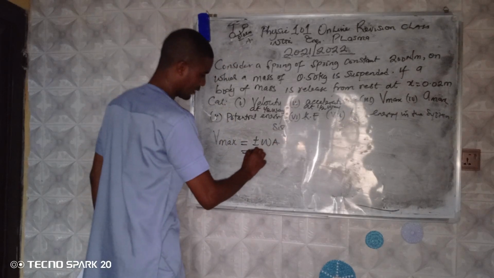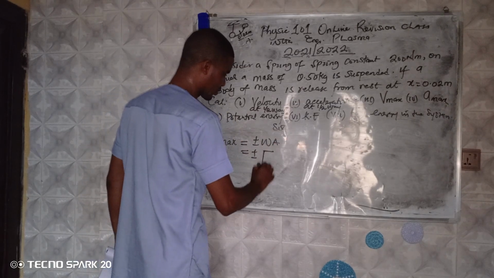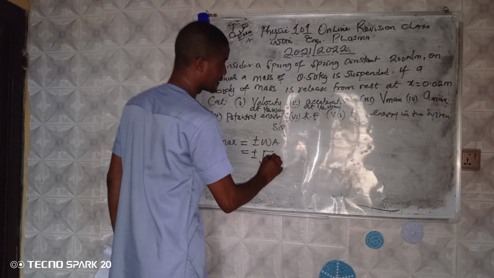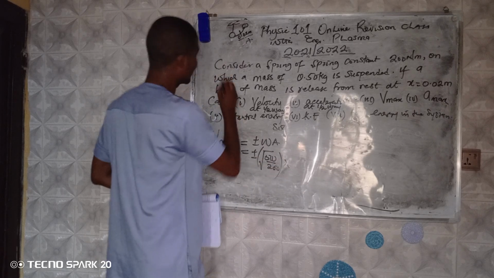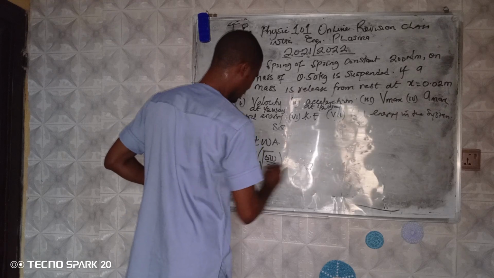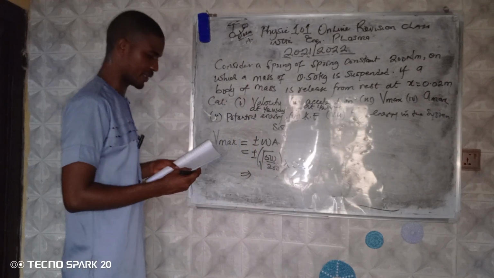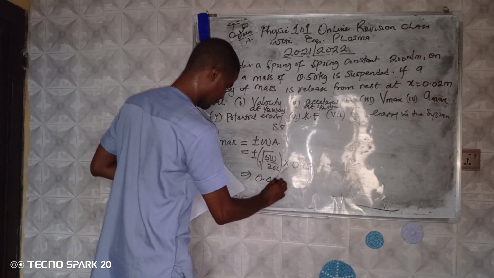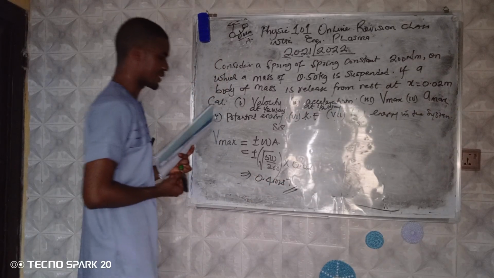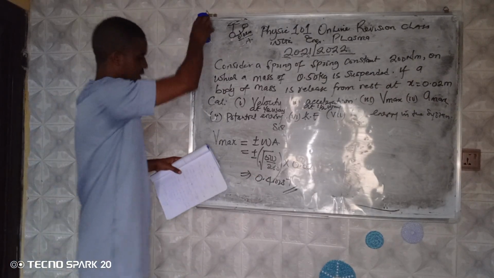So we have plus or minus W, which is root of 500 over 200, then times amplitude, which is 0.02. If you press your calculator very well, you are going to get 0.4 meter per second. That is the maximum velocity.